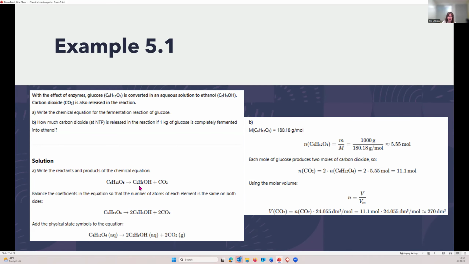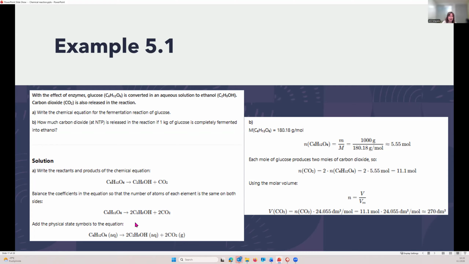Then we know the ethanol and the carbon dioxide. Now we have to balance so that the number of atoms of each element is the same on both sides. So then we would calculate from here how much we have of which. For example, the carbon here is 6, so here we would have 4, and here 2 more, that's 6 in total, and so on.